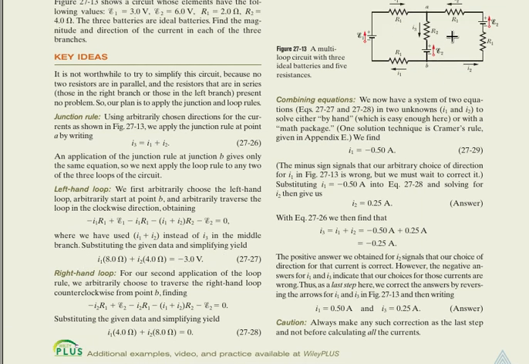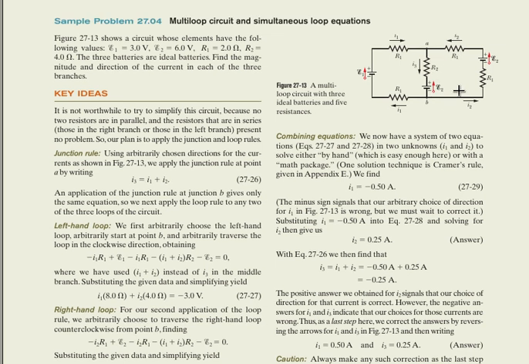For the right-hand loop, which has to be counterclockwise, we start again at point B, so it goes I2 times R1 with a minus, then again this E2, then the same terms as the previous one.